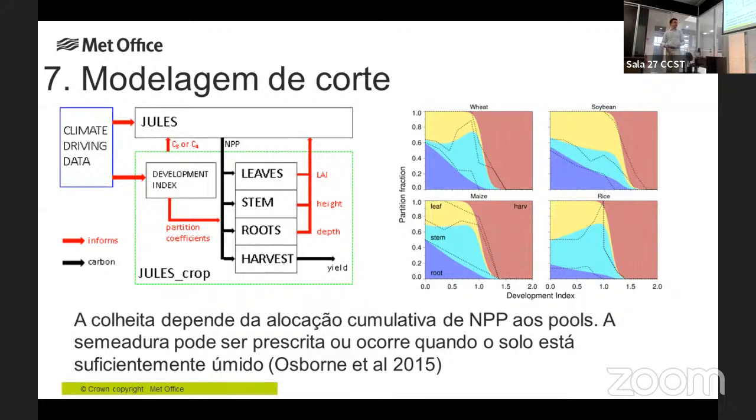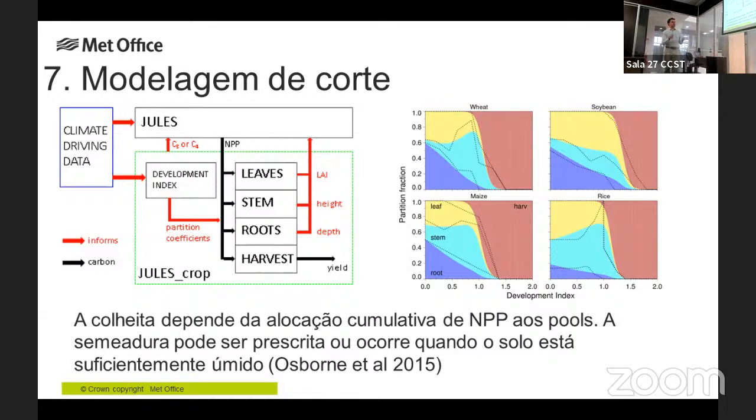So this is basically the JULES crop model, and you've got some key staple crops represented explicitly in the model. So this is not necessarily plant functional types, this is actually plant families or genera.